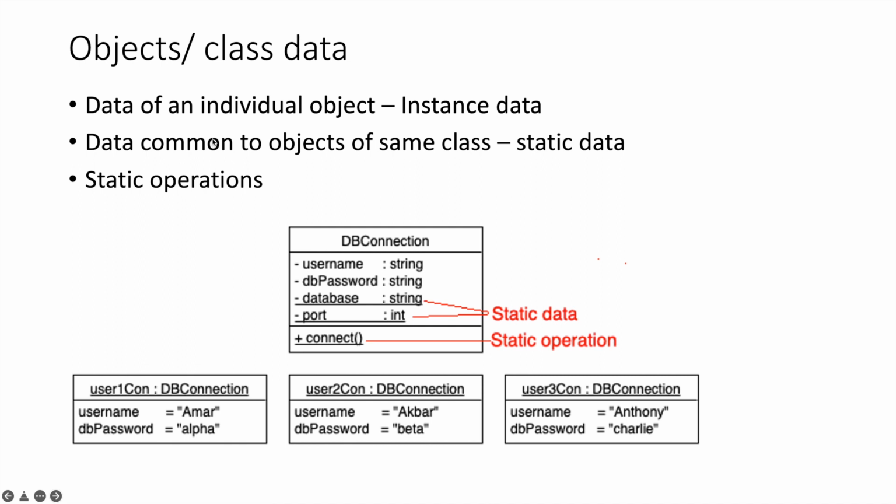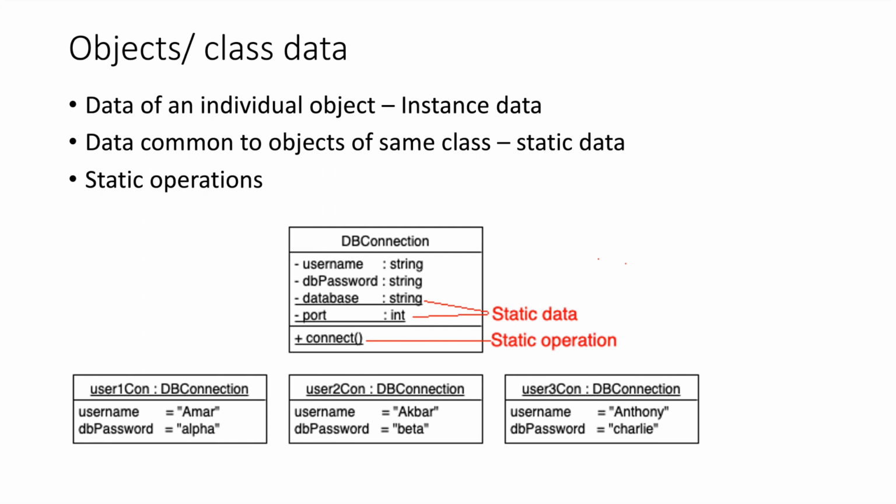So data which is relevant for every or individual object is called an instance data. So username and DB password, though they are described here, make sense for every specific object. Whereas data which is going to be common for all the objects of that class and which can be represented only at a class level, which is data attached at a class level.